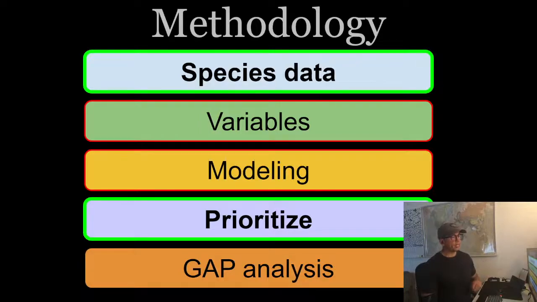After that, we will do what is called a gap analysis. The gap analysis is basically comparing the natural protected areas that exist in our zone of interest with our prioritization.